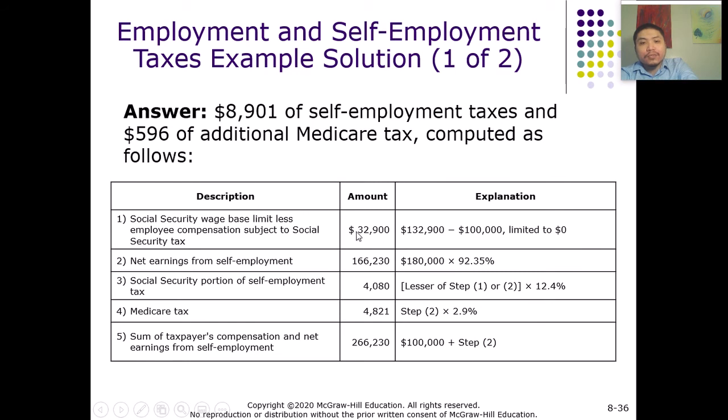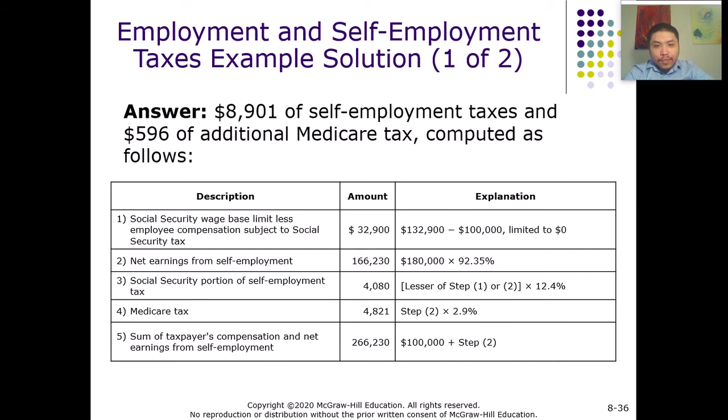Courtney only needs to use this amount to calculate her tax liability for Social Security tax, even though her net earnings from self-employment are $166,230. This is why I say the way to calculate this tax gives the self-employed taxpayers a little bit of benefit.